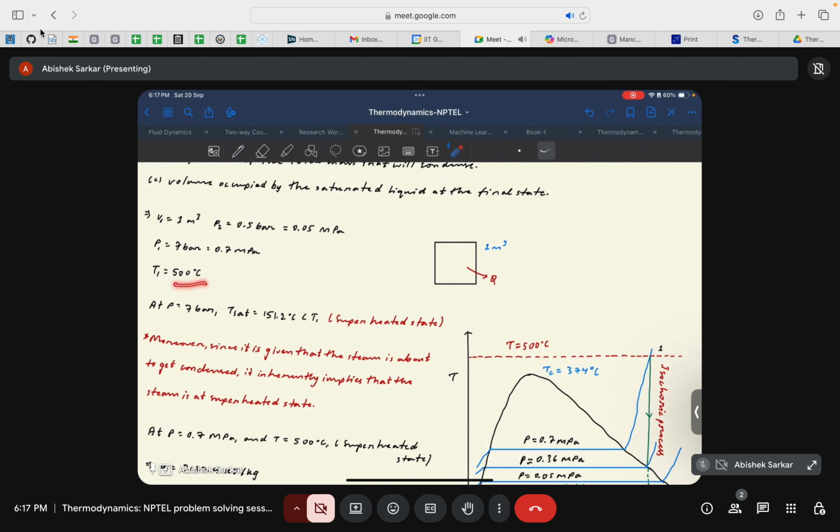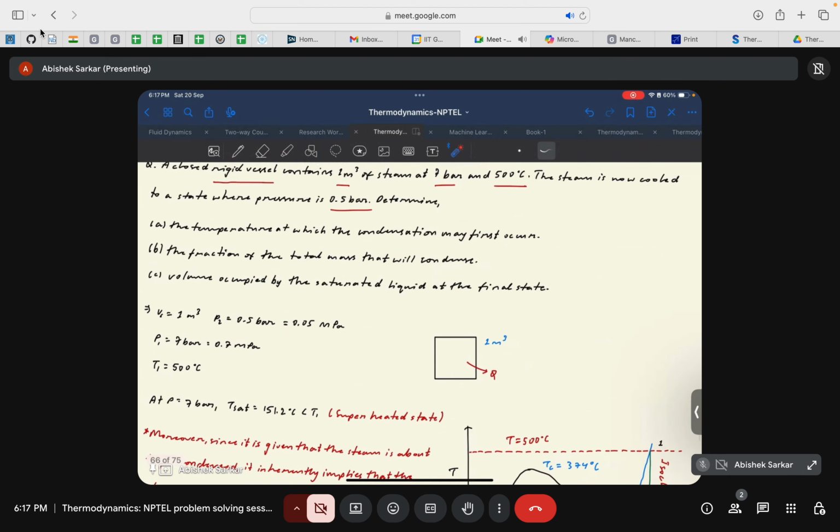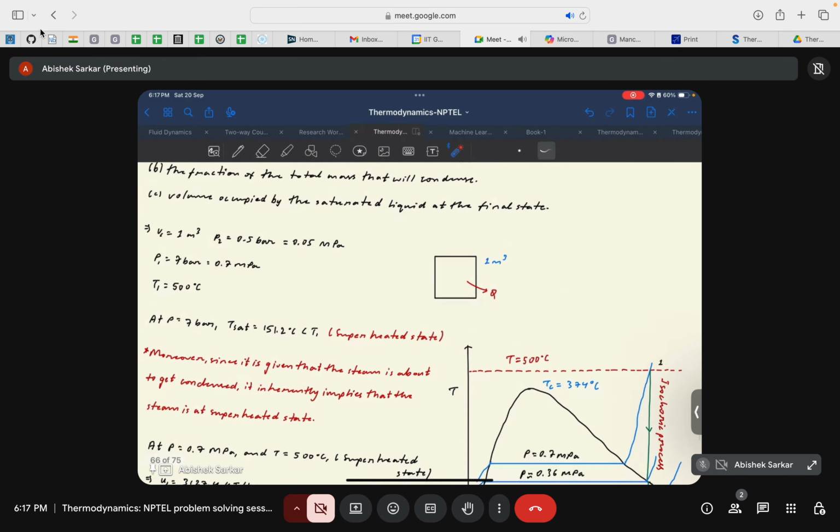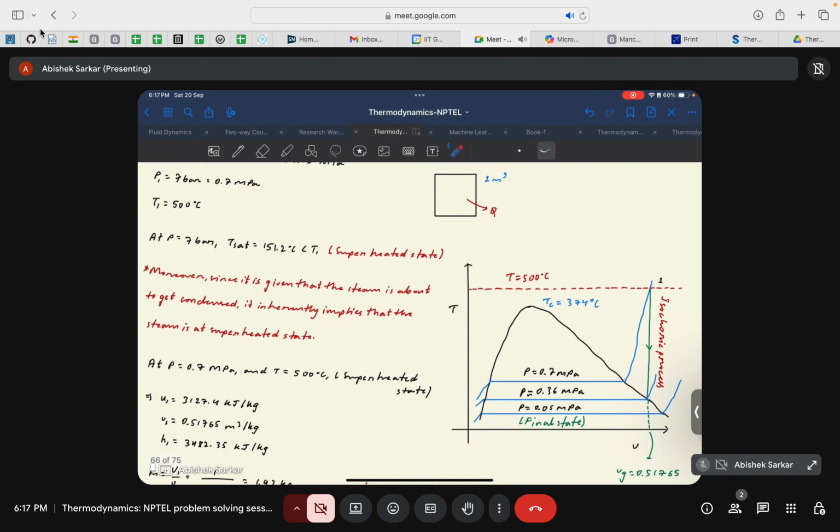So it states that the steam is at superheated state. Moreover, the question states that condensation is about to occur, so it inherently means that the steam is at superheated state. That's the hint that I wanted to show you in the question. Now we can start to draw the schematic diagram. The first diagram is shown here.